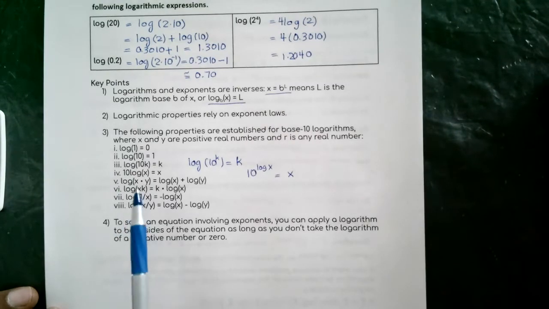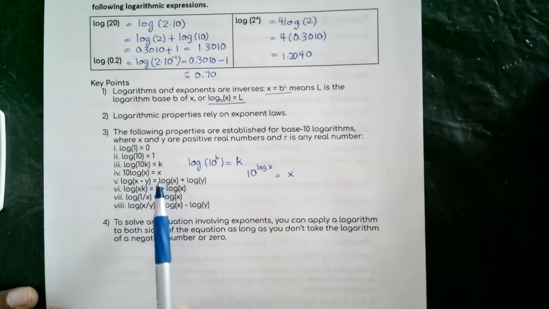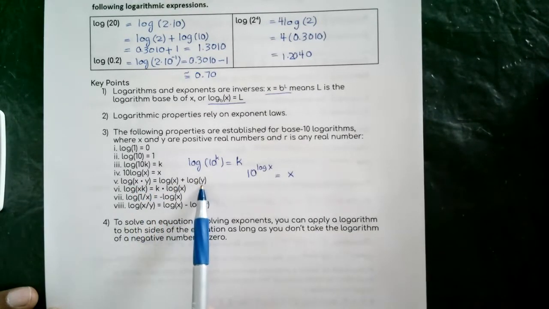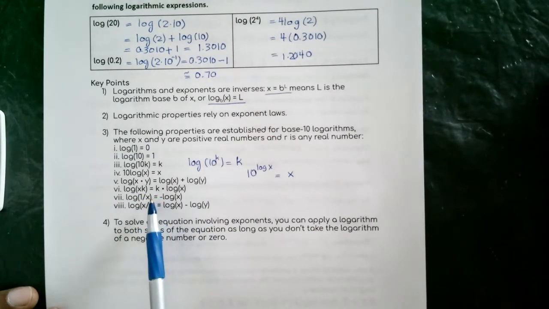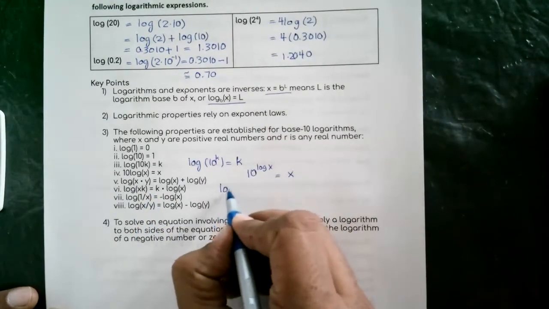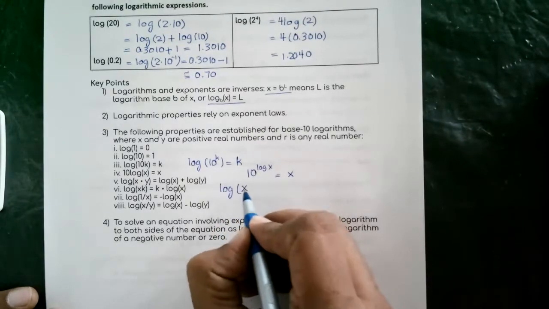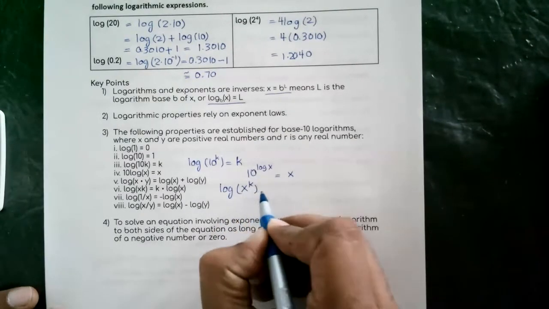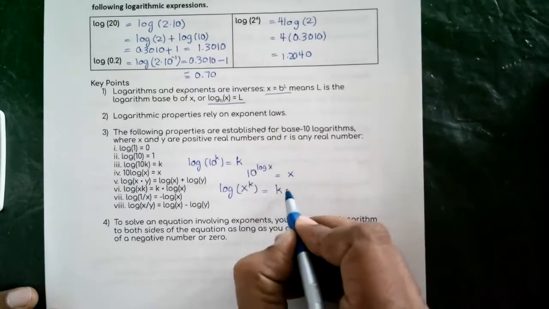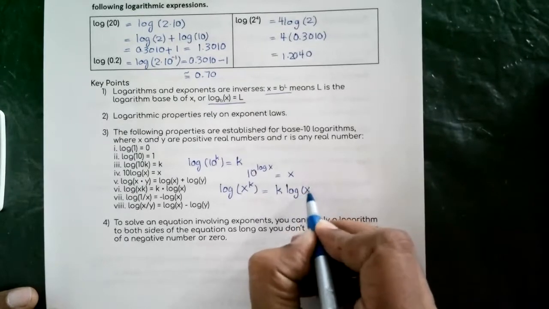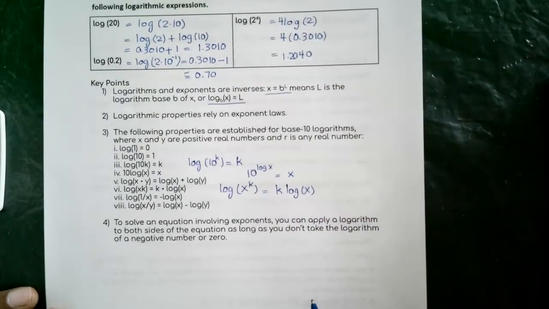If you have to find the log of a product of two terms, x and y, then it's the same as log of x plus log of y. If you have log of x with exponent k, then you will have k times log of x.